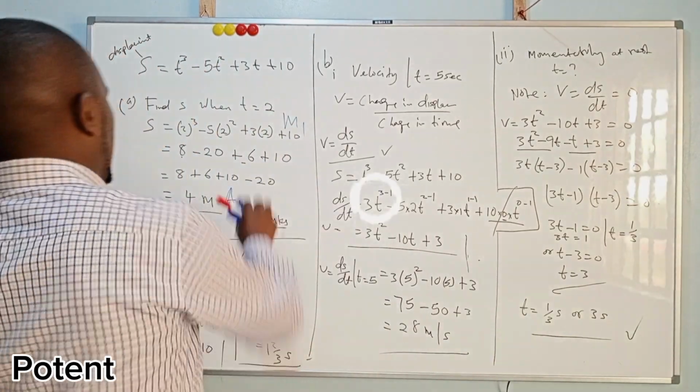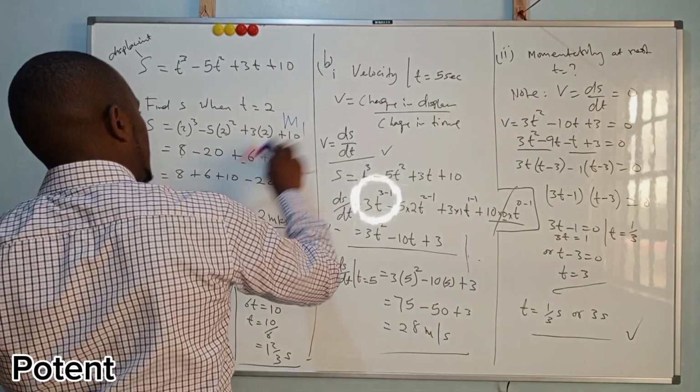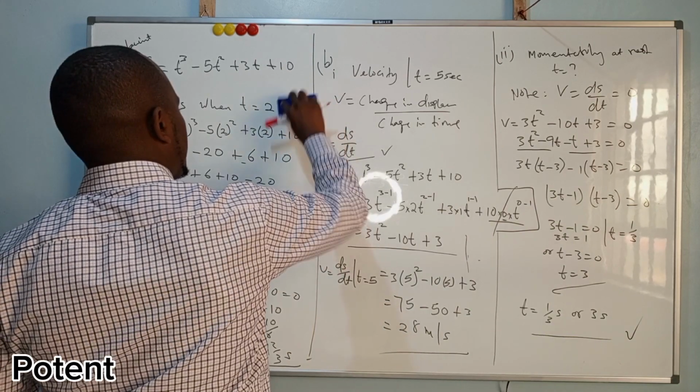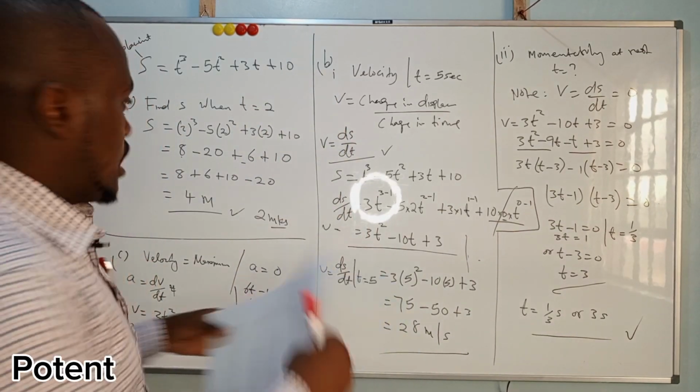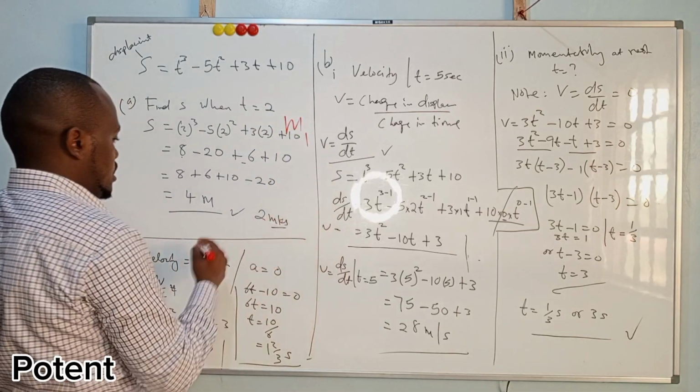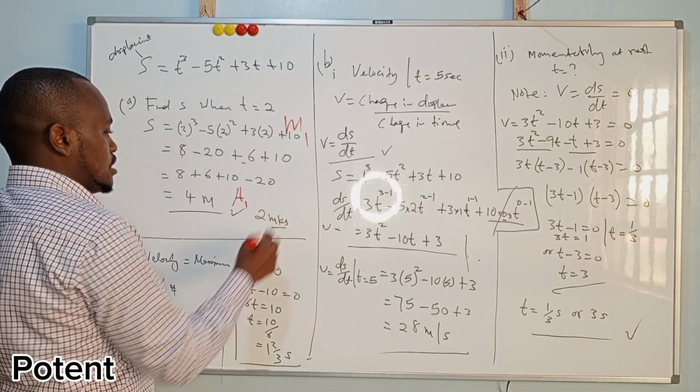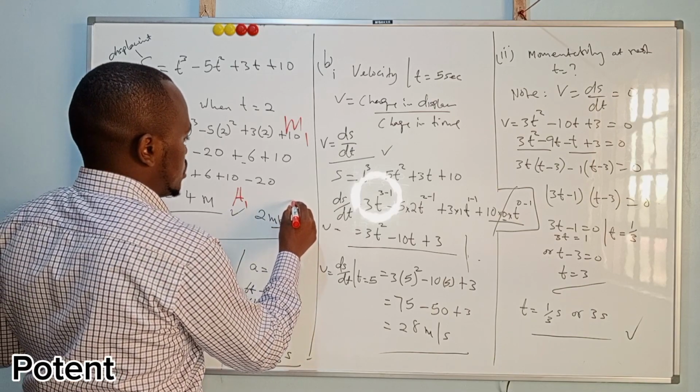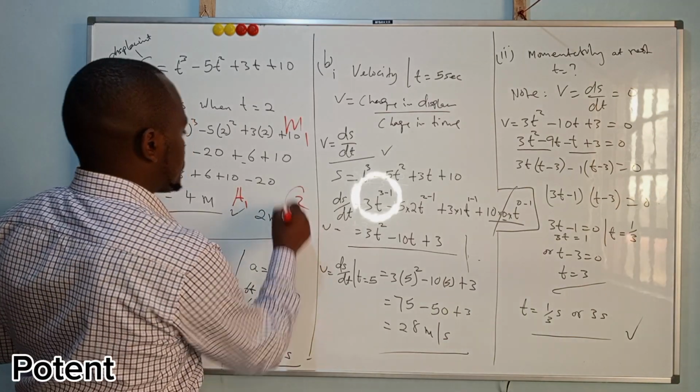So here you have M1, and this you have A1. So you have 2 marks.